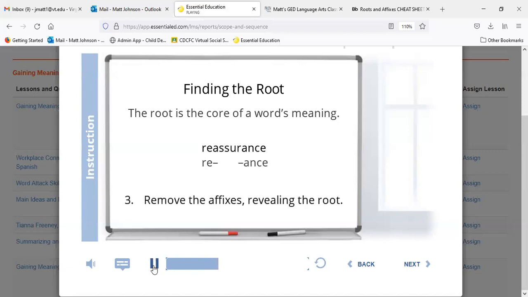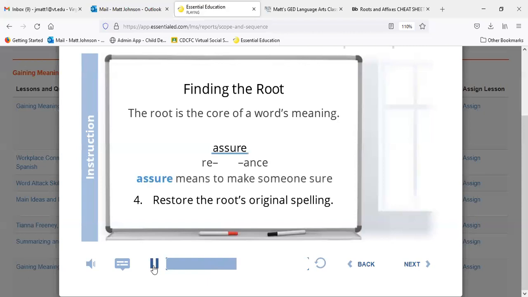Moving on to step 3, I remove the affixes. Once I remove the affixes, the root is the only thing left. That leaves me with a partial word. The root dropped a silent E when it added the suffix. That brings me to step 4. Restore the root's original spelling. If I return the silent E, the root now spells assure.